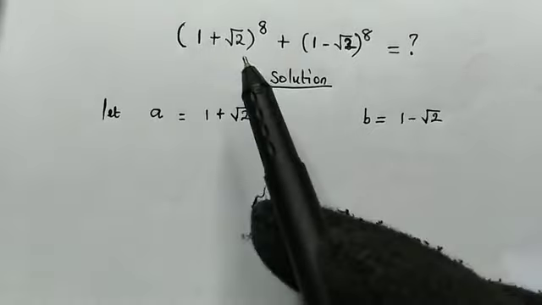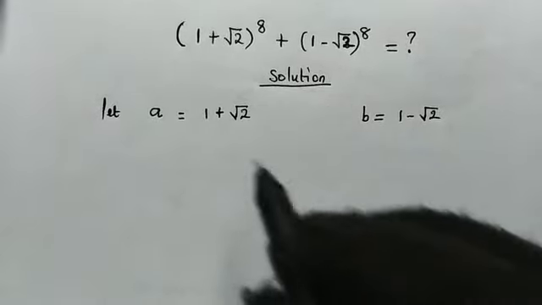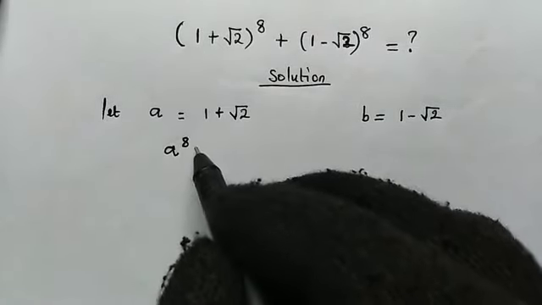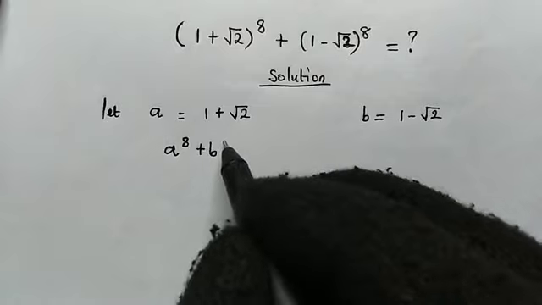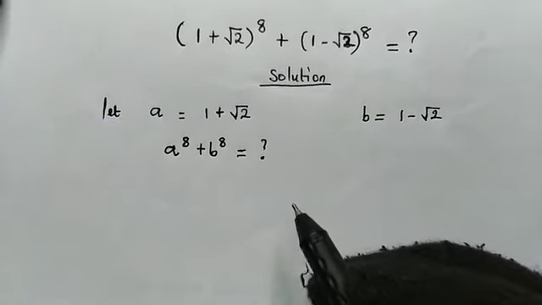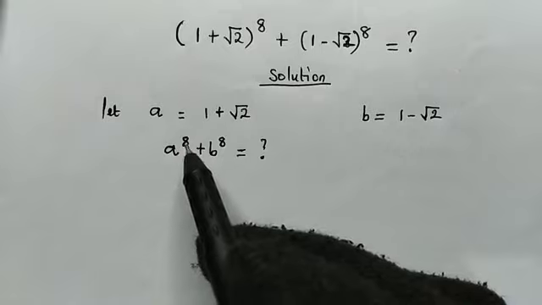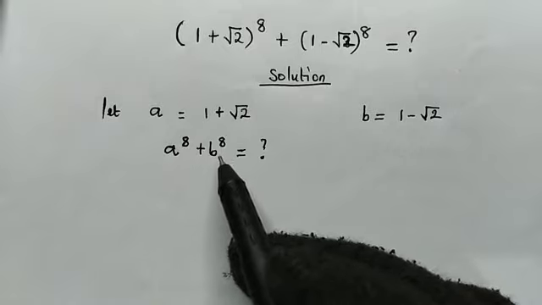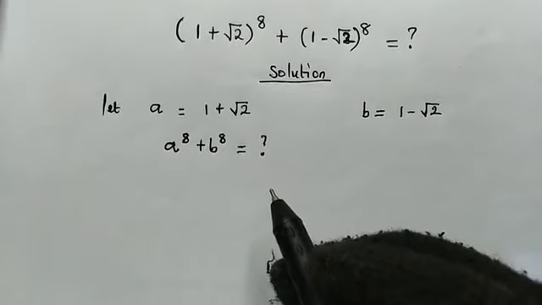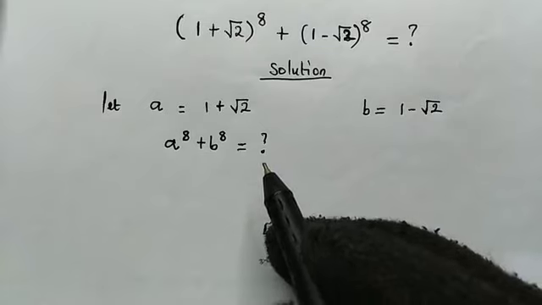Now, the number we're about to evaluate, in terms of A, would be A^8 + B^8. So we'll be concentrating on how to evaluate A^8 + B^8, which will give us exactly the value of this expression. Now, let's get into the main video.